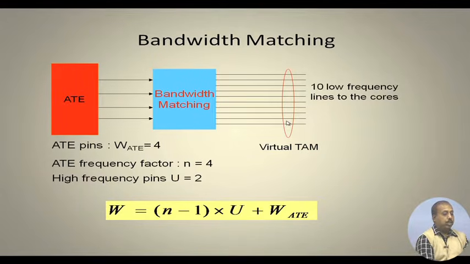Though there are 4 channels coming from the ATE, for scheduling purposes we have 10 lines to be fed to the SOC. That makes it very flexible when I am doing test scheduling, because whatever technique I follow, partitioning or bin packing, can take help of these 10 low frequency lines.